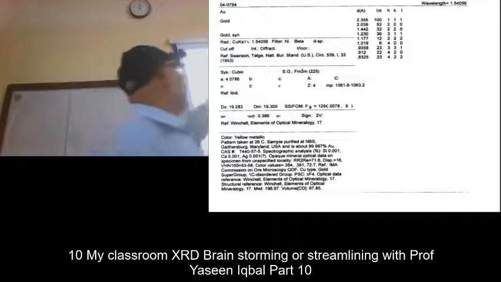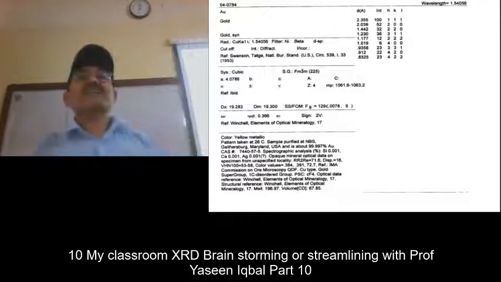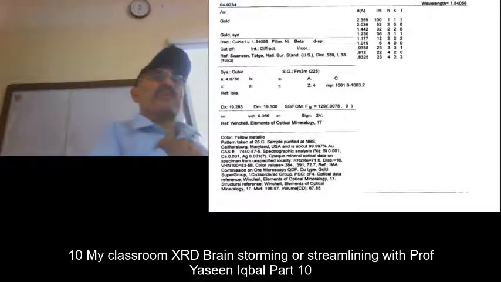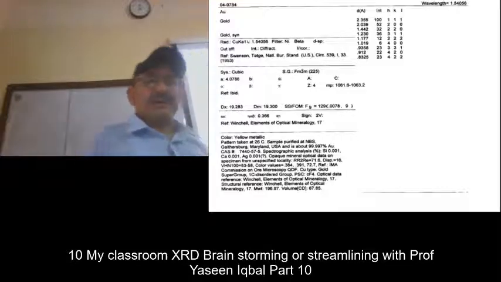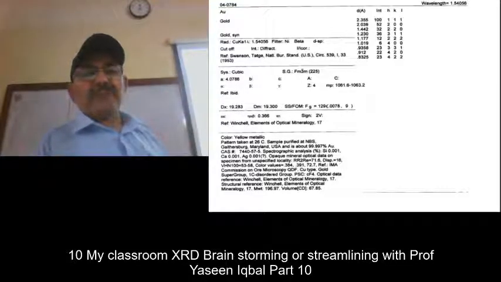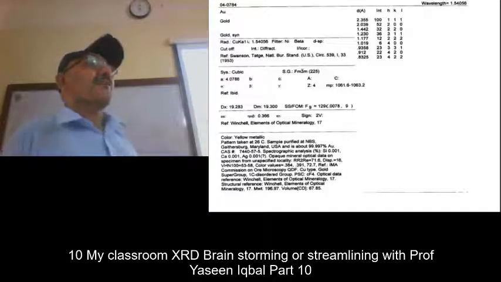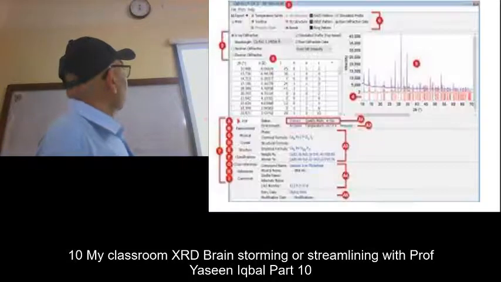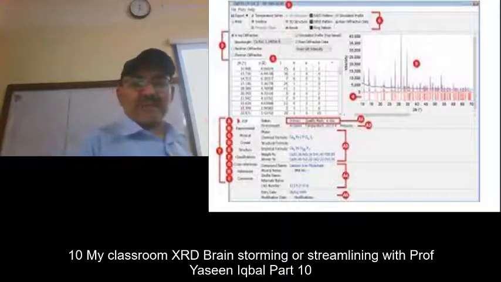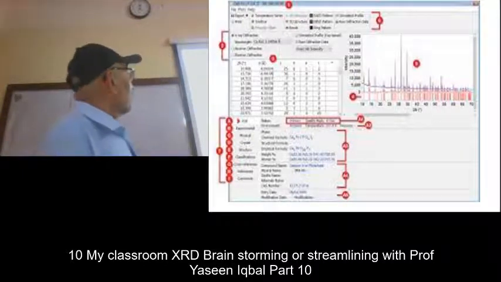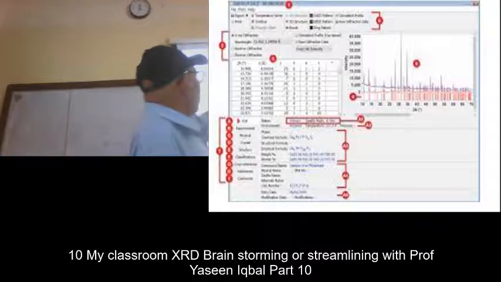And the wavelength must be there, whether you use copper or molybdenum or other. The modern way of representing things is not visible. That is why I missed this. I was doing it in a hurry. So they give the diffraction pattern as well.